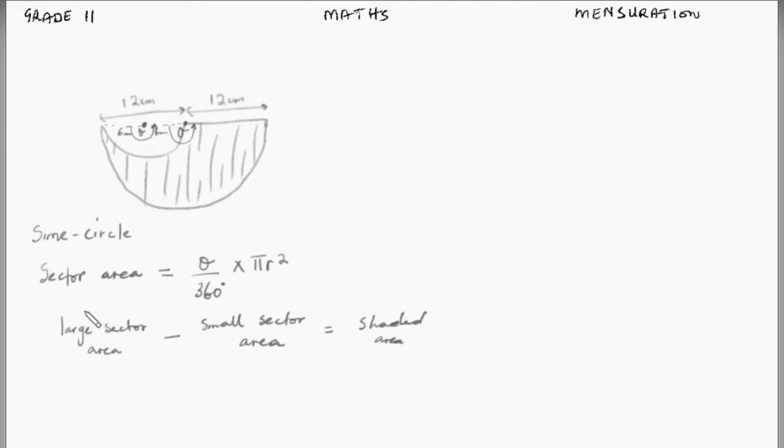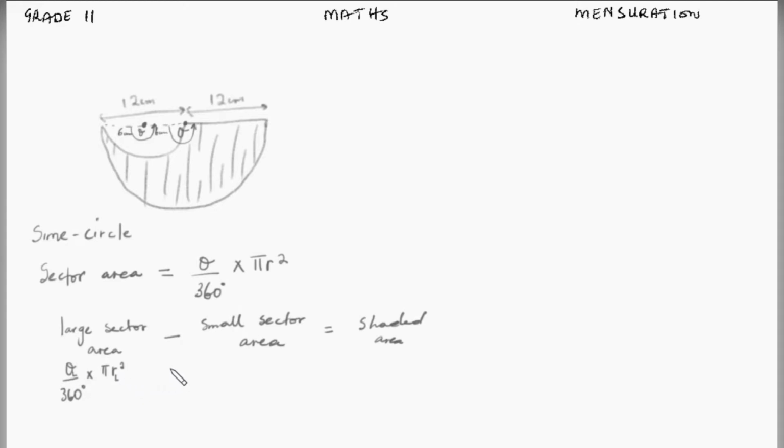Now for the large sector area, we are going to have theta over 360 degrees, multiplied by pi radius squared, and the radius here should be the radius of the large sector. Theta here should be theta of the large sector.